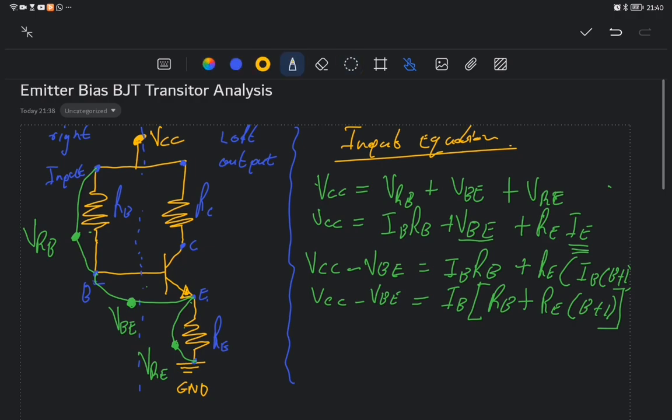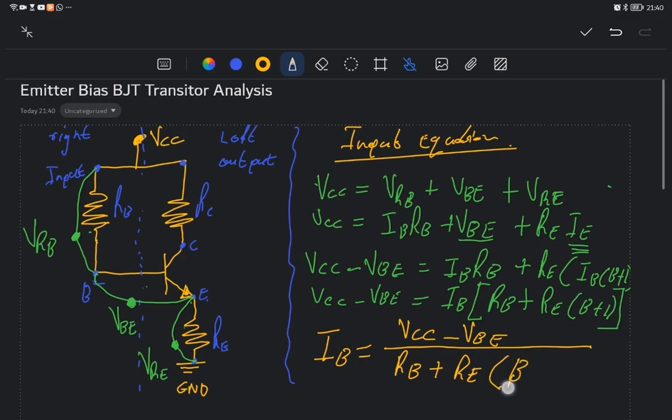So therefore IB is equal to VCC minus VBE, I'm dividing both sides by whatever is in the big brackets, divided by RB plus RE into beta plus 1. There we go, we have our input equation. That is the final input equation.